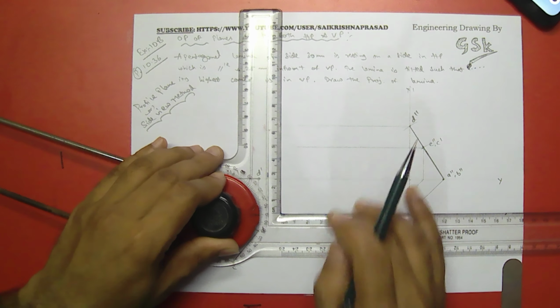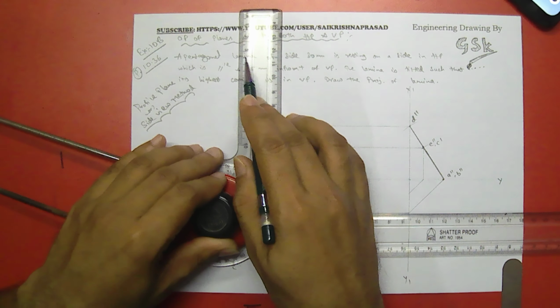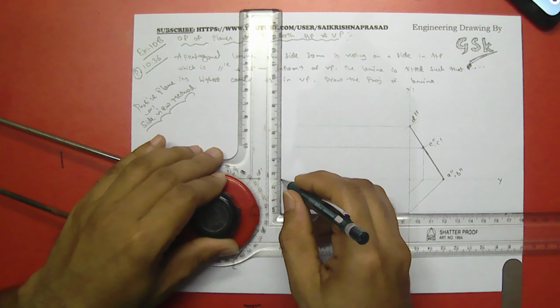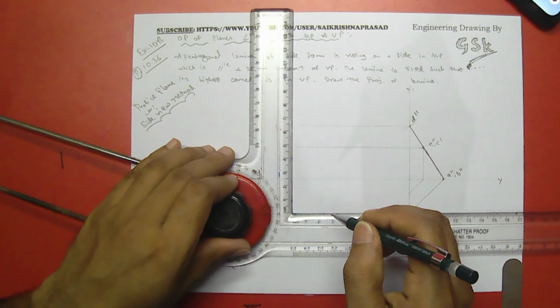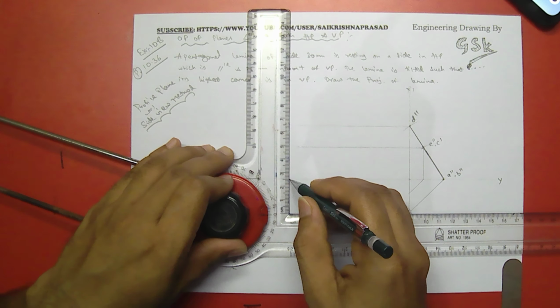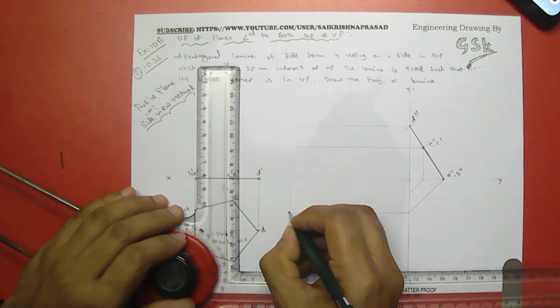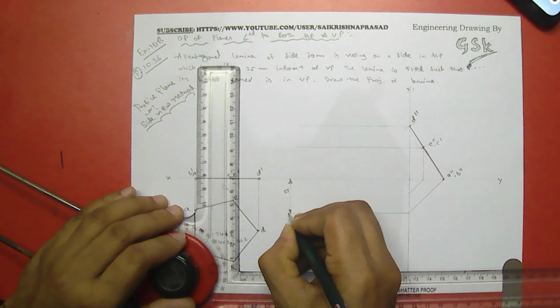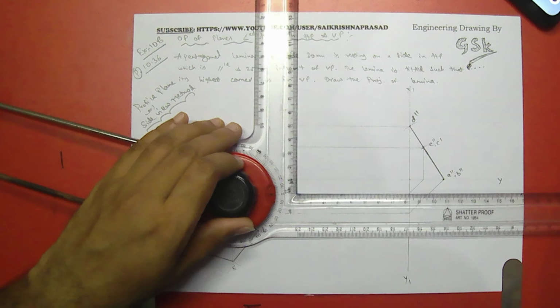This is VP, this is HP. So it is parallel and 25 in front. The condition is already satisfied here.